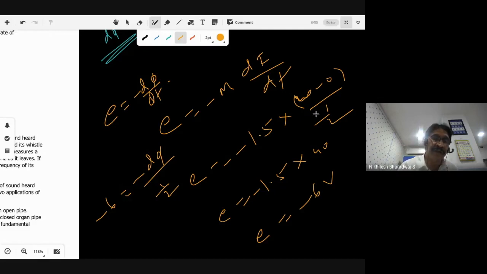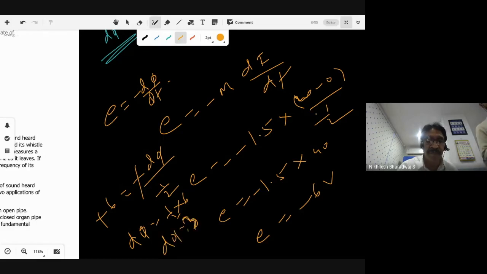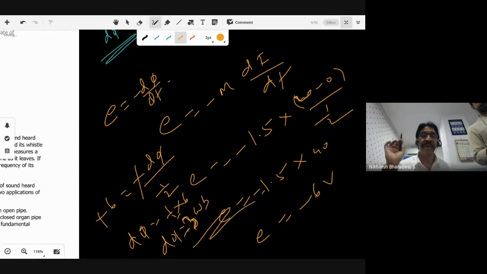The minus signs cancel. So d phi is equal to 1 by 2 into 6, so d phi is equal to 3. May I know what is the unit of magnetic flux? Weber. So d phi is equal to 3 Weber. This is what we had discussed.